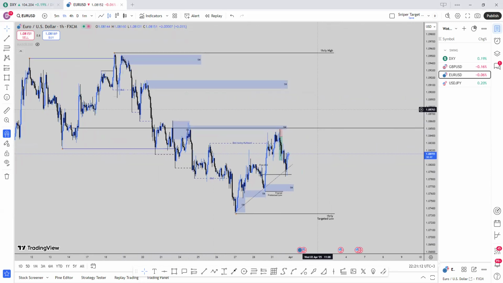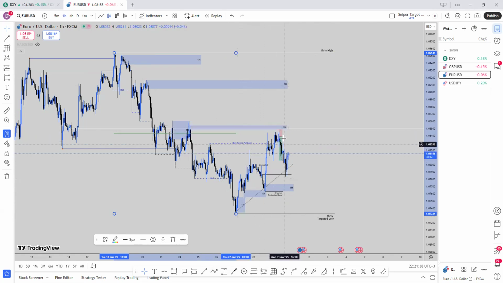All right. So let's just measure that. This is the swing high, and this is the swing low. And as you can see, price has already made its way to the 50% of that range.